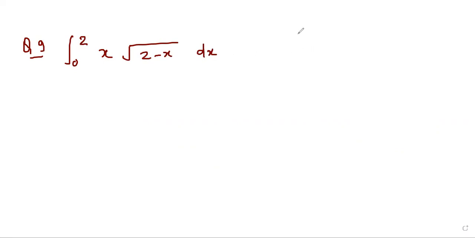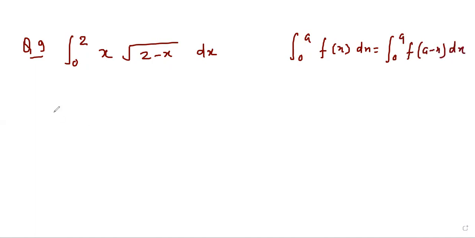We apply the property integral 0 to a f(x) dx equal to integral 0 to a f(a minus x) dx. So this is I. So I equals integral 0 to 2. In place of x, we are going to write 2 minus x. X is replaced by 2 minus x.